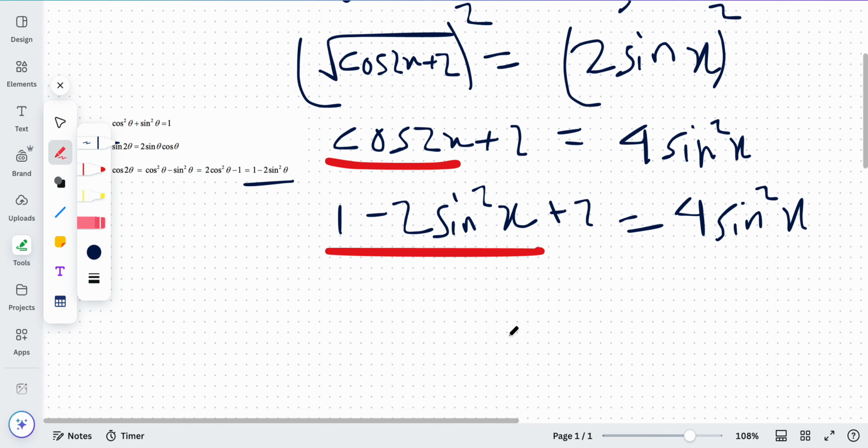Then bring everything nicely to one side and you get negative 6 sine squared x plus 3 equals 0.